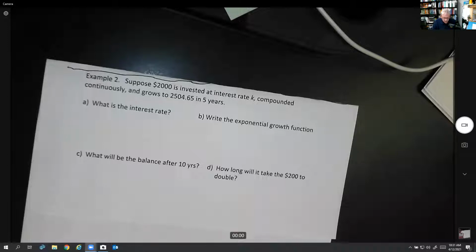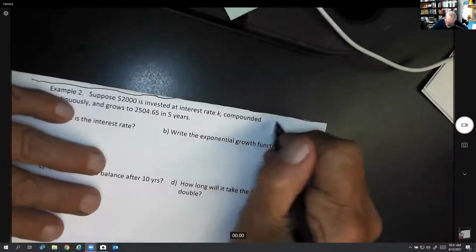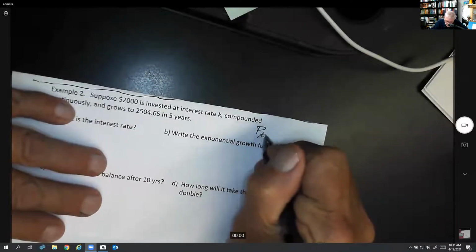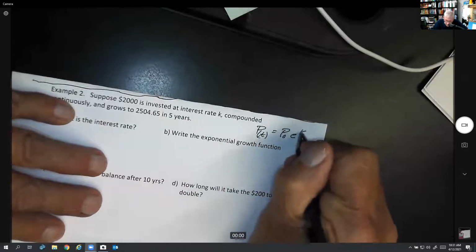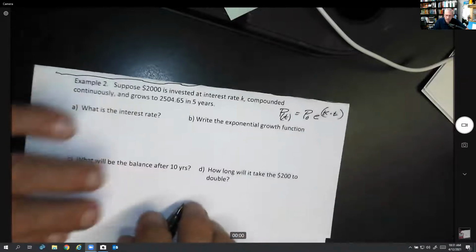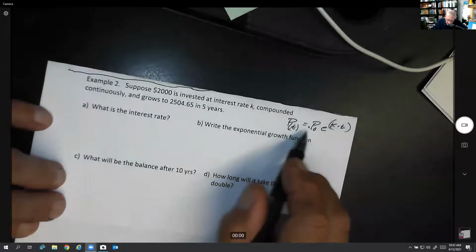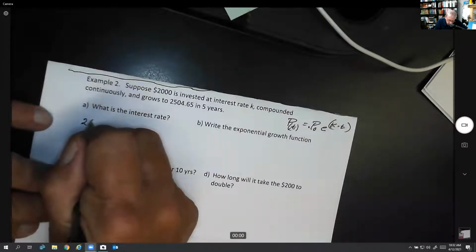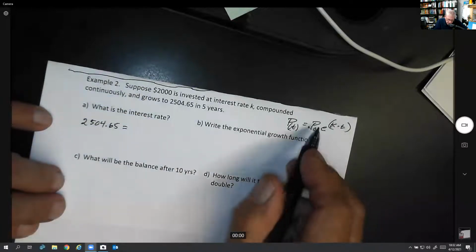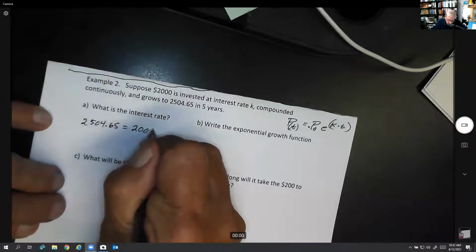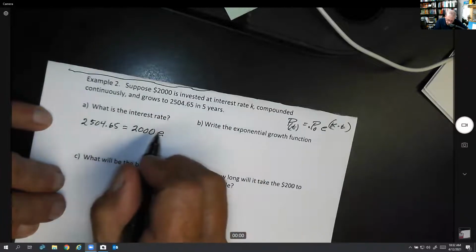Well, let's start with our initial formula. Okay, let's modify that for this problem. So it's going to grow to 2,500 equals the initial amount, which was 2,000, times E. Don't forget to put the E in there.